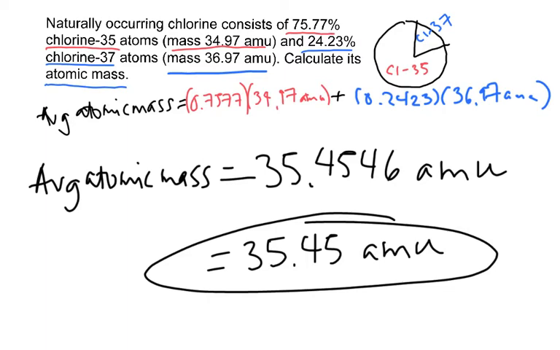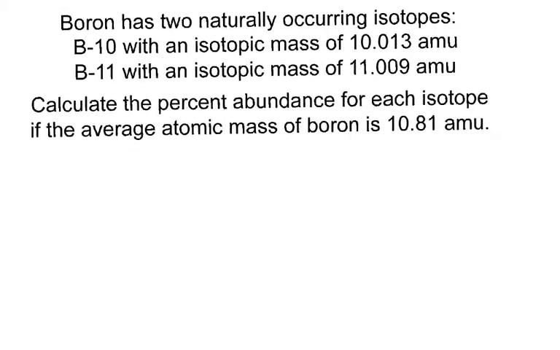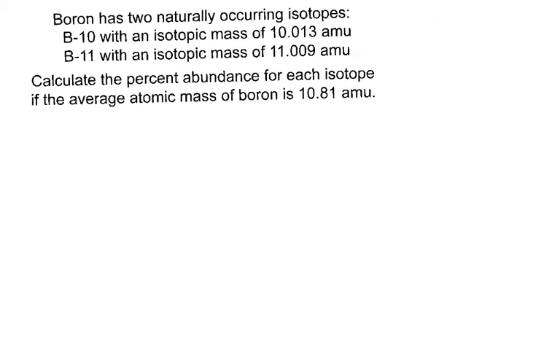So the next problem is going to be about finding the percent abundances when we know the average atomic mass. Alright, so this time we have boron. So we have boron 10 and boron 11.